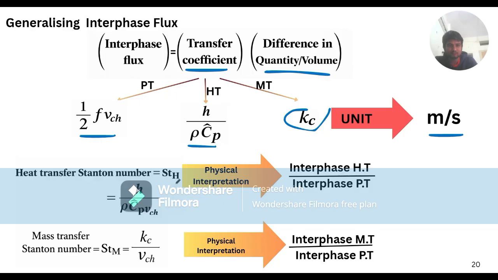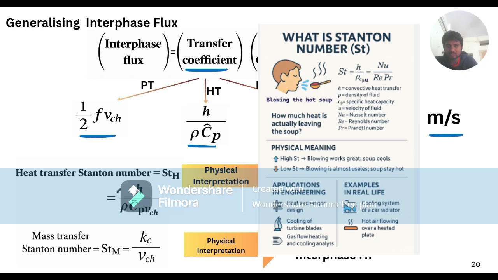So now let's see our first dimensionless number. The first dimensionless number that we will be dealing with is the Stanton number in heat transfer. The Stanton number in heat transfer is the generalized transfer coefficient in heat transfer upon the generalized transfer coefficient in momentum transfer.